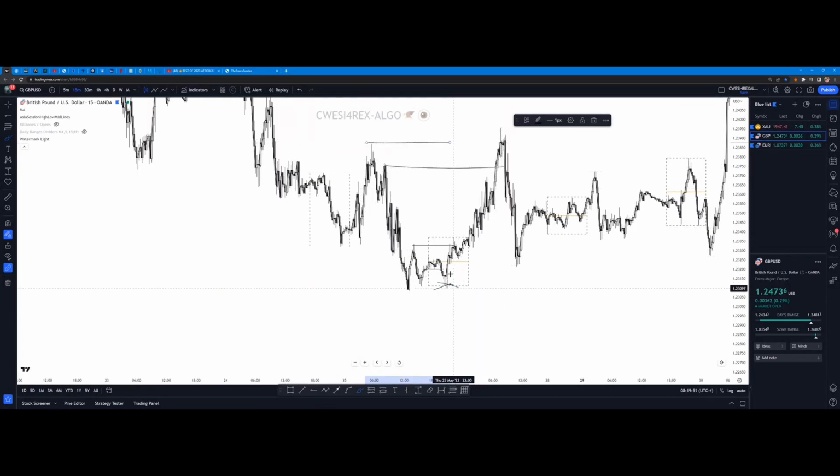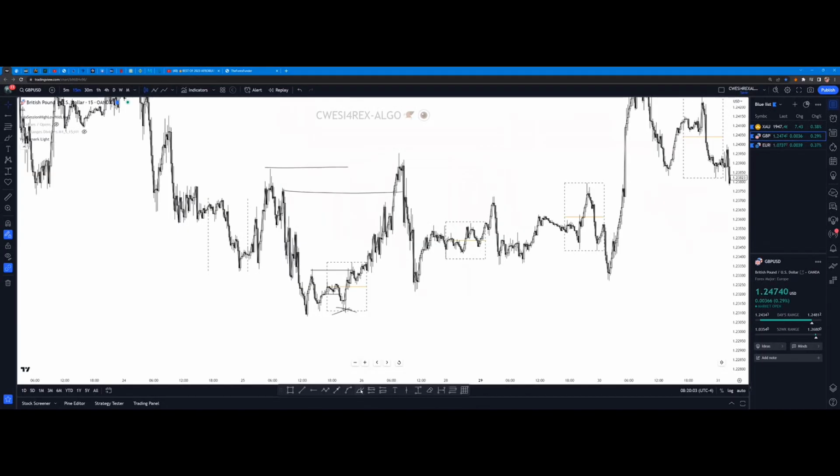So if we have this to be our strong low, then we are not anticipating price to clear this Asia low again, right? So based on the information I showed you, we have this strong high over here. We have this breakout structure, and we have this inducement, you can see.